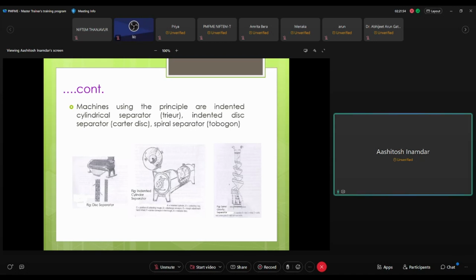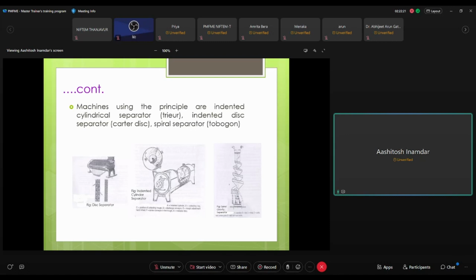The other grains which are sitting very comfortably inside the pocket will travel a further distance. Of course they also start falling down, but they are caught by the conveyor which is placed at a certain height within the cylinder. So those grains are taken out separately through the conveyor, and the grains which fall down are taken out separately. This is the way they are separated.